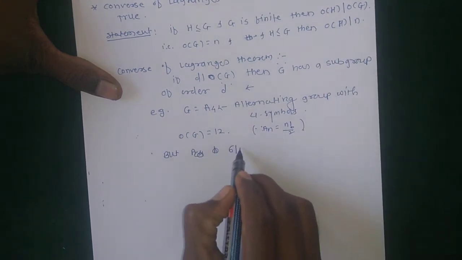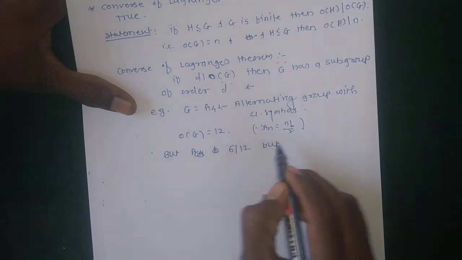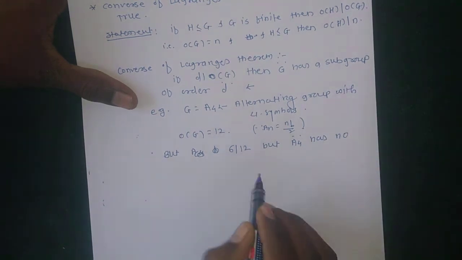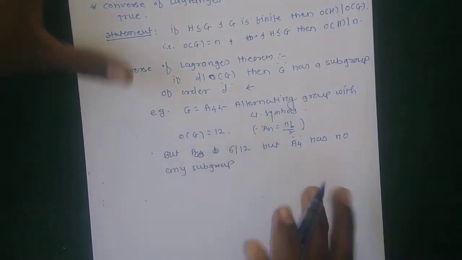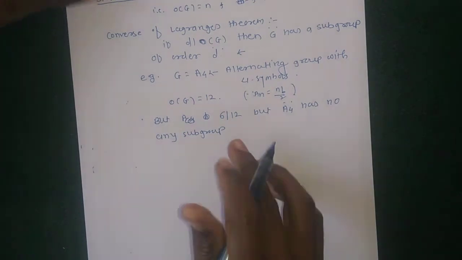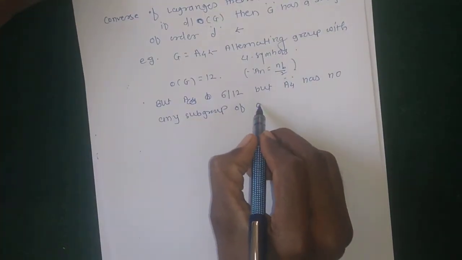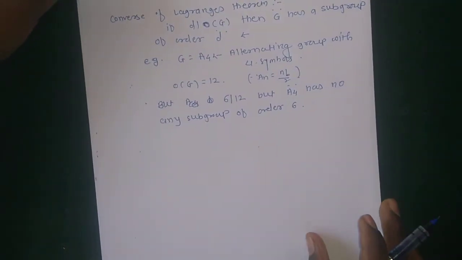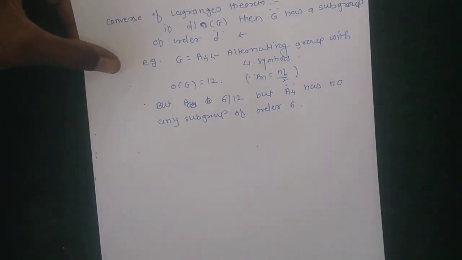Here 6 divides 12, but A4 has no subgroup of order 6. Means no subgroup of A4 has order 6.